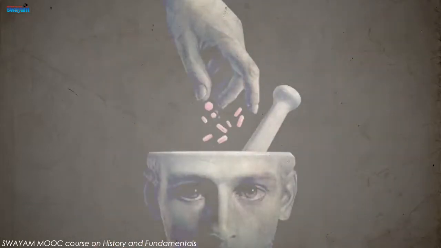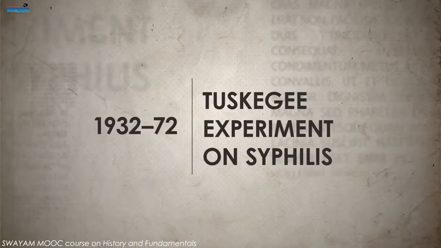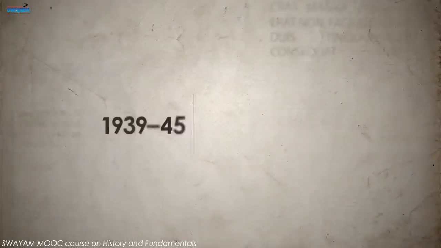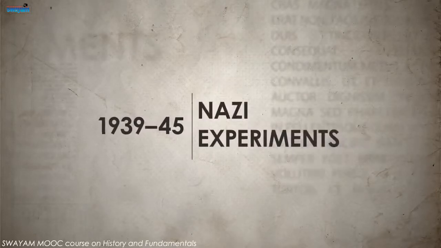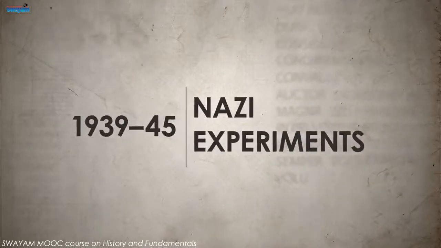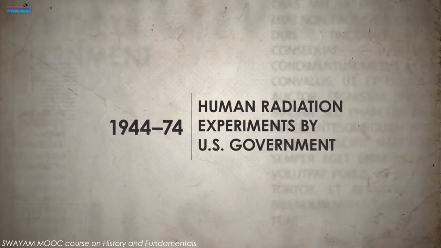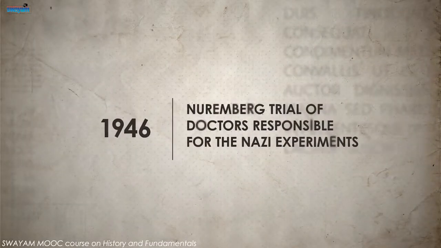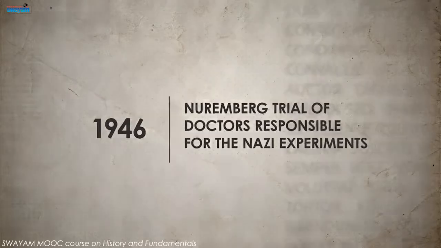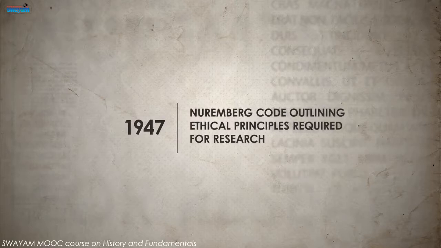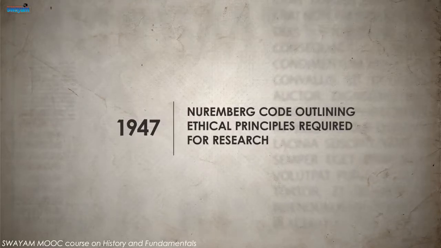These are a few of the incidents which happened from 1932 to 72. As we just mentioned, the American experiment on syphilis; 1939 to 45, Nazi experiments; 1944 to 74, human radiation experiments by the US government; 1946, Nuremberg trial of doctors responsible for Nazi experiments; and in 1947, the Nuremberg Code came into the picture outlining the ethical principles required for research.